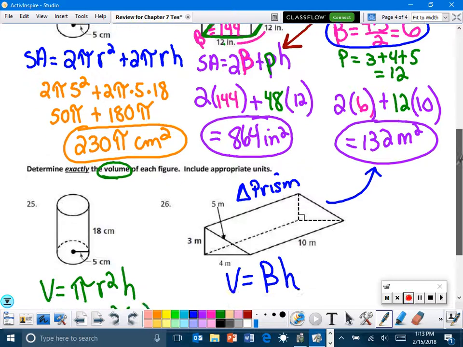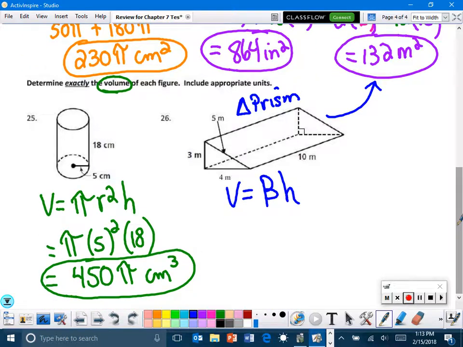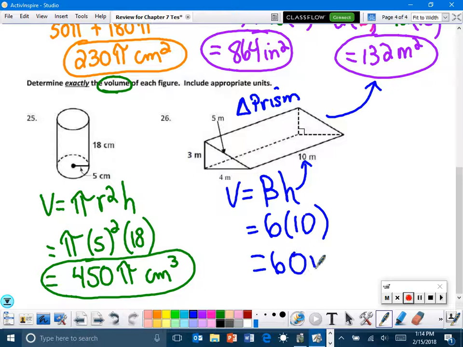So we do not need to do all that work again. So it's going to simply be 6 times the height. Well, the height is 10. Okay, not 3, 10. And that's simply 60 cubic meters. That's it. Volume is the easiest one. Surface area is where you got a little bit more work to do.